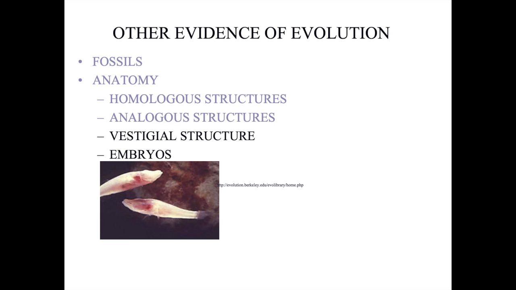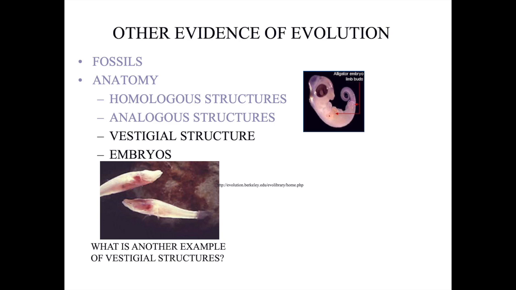Another piece of evidence would be the evidence of embryos. And in a later lesson, you're going to actually be looking at different embryos and trying to determine what would the species be based on the embryo that you see. And as you'll find out, many of these embryos are extremely similar.